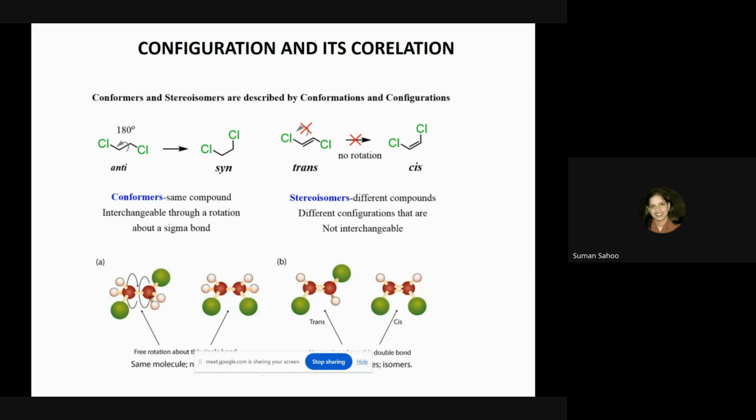But when we have a double bond or a restricted rotation, you cannot rotate through this carbon carbon double bond. So in that case there are no conformers, but these two are also stereoisomers. These are also your configurational isomers, also known as geometrical isomers. So stereoisomers are different compounds and they are not interchangeable.